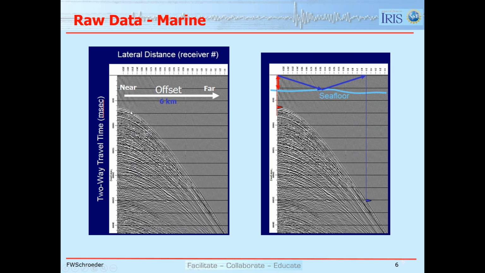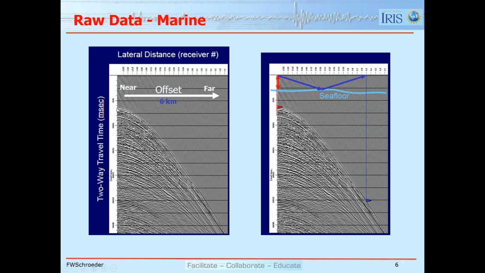And these black and white streaks that are hyperbolic in shape are the seismic reflections that we are interested in. So this is the raw data collected in the field. It is not processed at all. And the reason why it's hyperbolic in shape, this is marine, so it looks like 600 milliseconds or 0.6 seconds two-way travel time is the water depth.